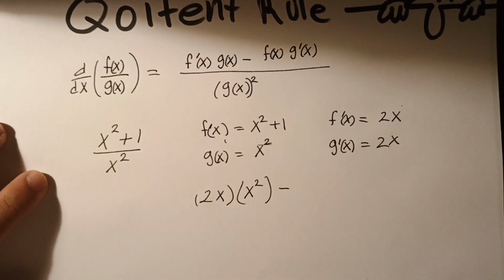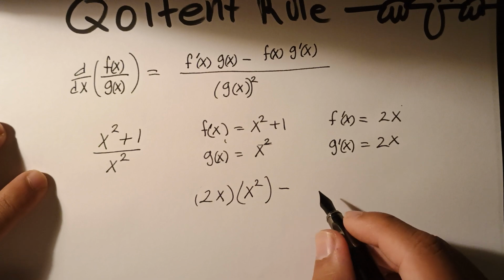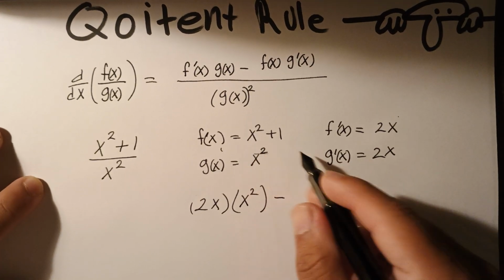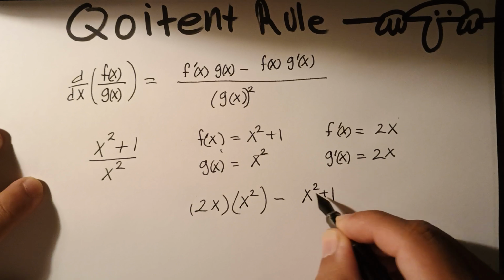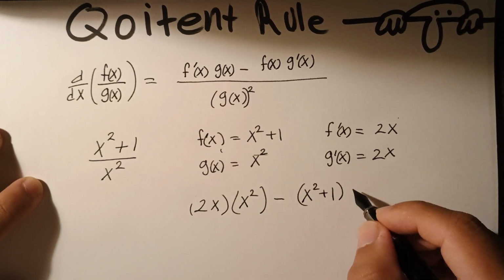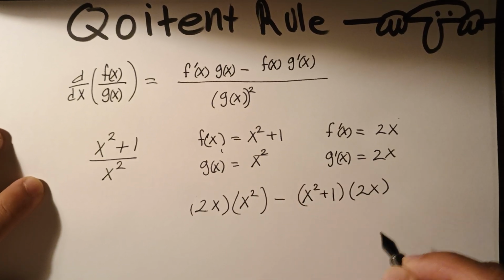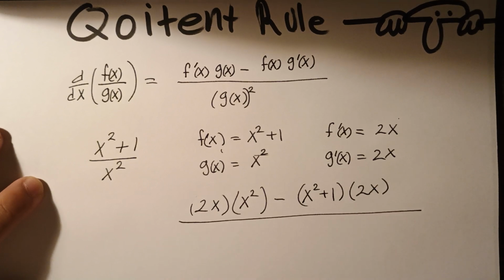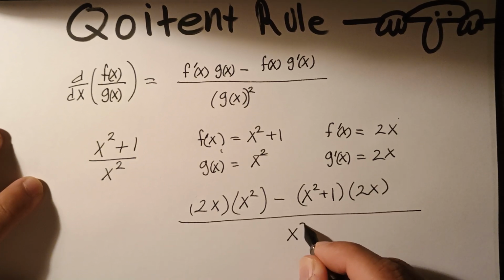Now we're subtracting instead of adding, not like the product rule. I've got that times this, and all that over x squared.